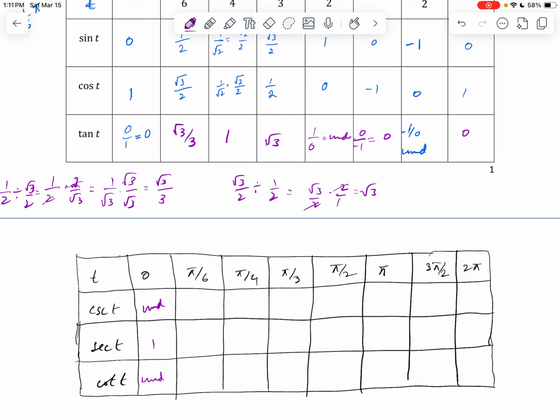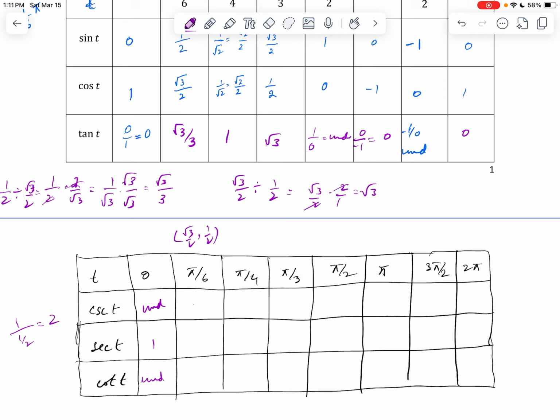Pi over 6. If you recall, the terminal point was square root of 3 over 2 comma 1 half, and the cosecant of t was 1 over y. 1 over 1 half, which will become 2.